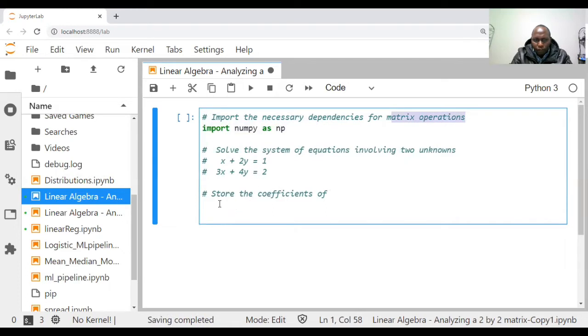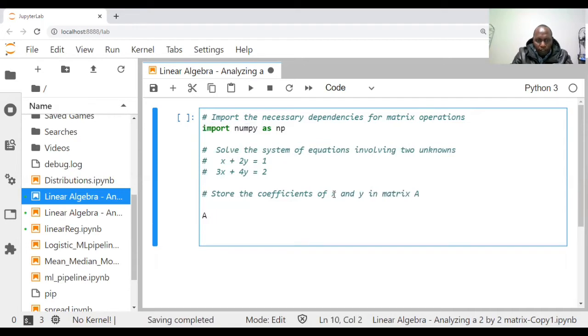The next thing I'm going to do is to store the coefficients of x and y in matrix A. The way I will do it, I'll say A is equal to np.mat, and then open and close the parentheses, and then open and close brackets, and then specify the elements of this matrix. That will form the first row.